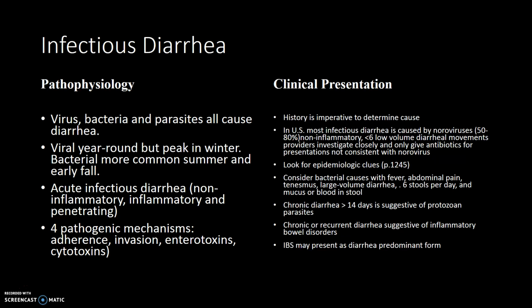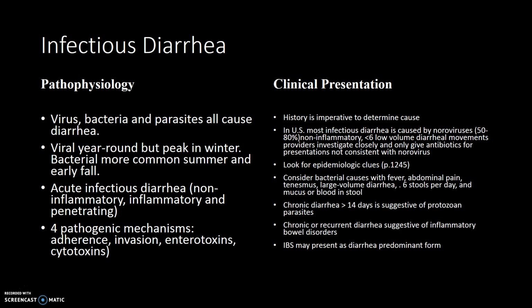Enterotoxin: when you think of Vibrio cholerae, it's a classic example. It acts through a second messenger, cyclic adenosine monophosphate, at the chloride channels in the apical epithelial cells, blocking sodium chloride absorption and, in addition, increasing chloride secretion by the crypt cells. That's complicated.